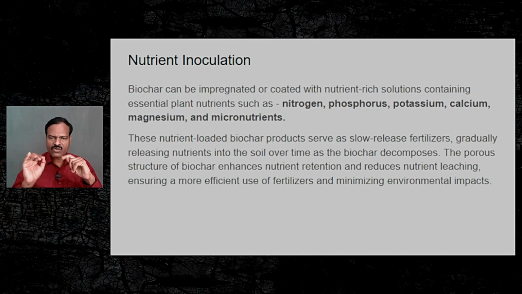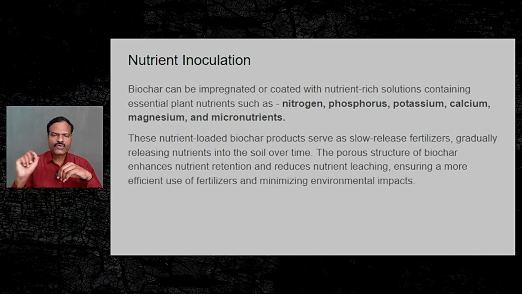These nutrient-loaded biochar products serve as slow-release fertilizers, gradually releasing nutrients into the soil over time. The porous structure of biochar enhances nutrient retention and reduces nutrient leaching, ensuring a more efficient use of fertilizers and minimizing environmental impacts.